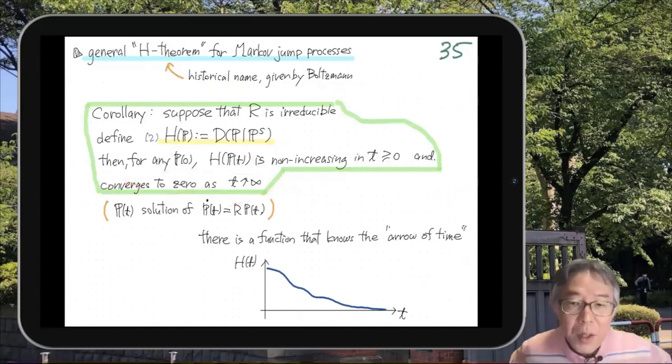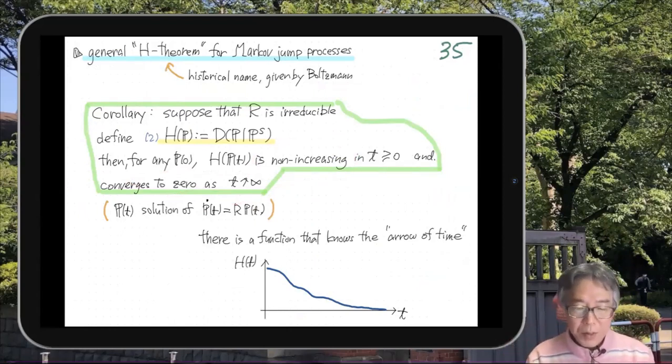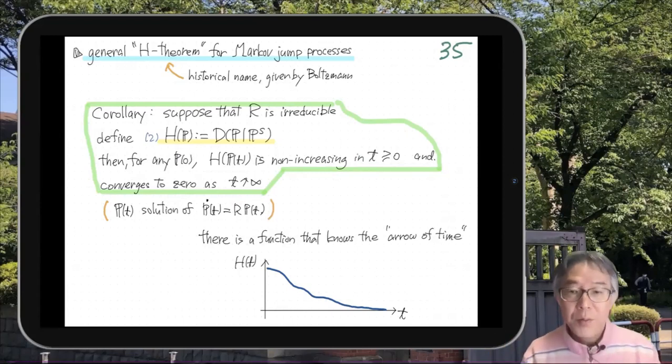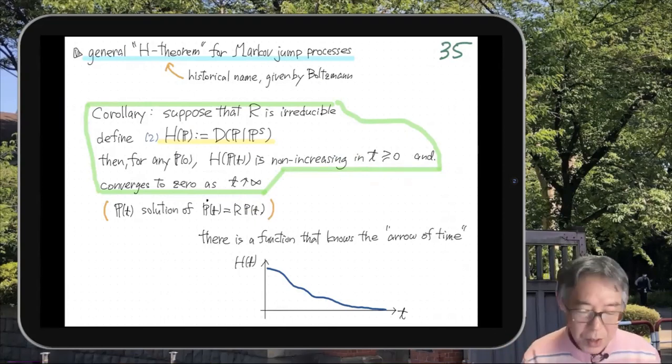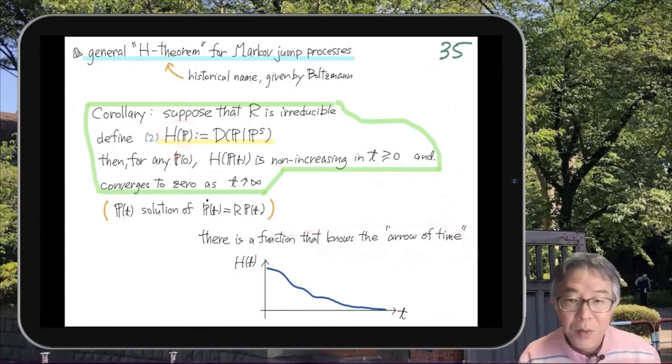So this is nice because we are discussing a very general Markov jump process, and our assumption is only mathematical, about irreducibility, and we are not discussing any particular physics. But at this level of generality, we know that there is a function which knows the arrow of time, and there is some nice convergence behavior.